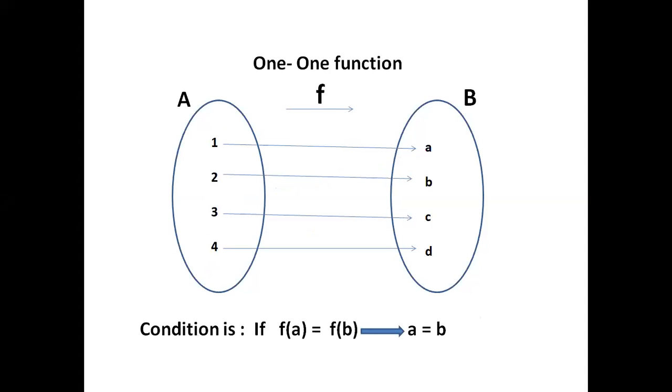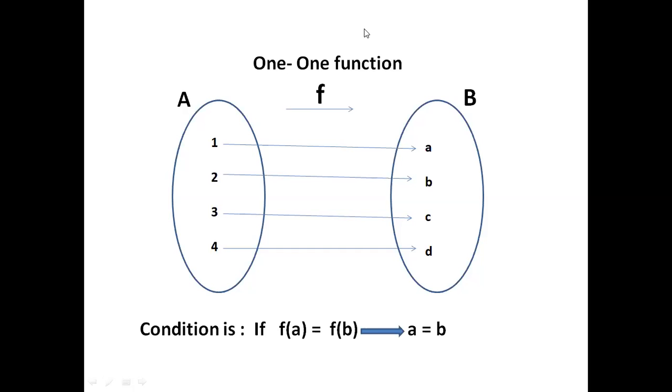You have a function f from A to B. Then f is said to be 1-1 if every element of A is mapped to a unique element of B. All the elements of A must be mapped to a unique element of B. So the condition is f of a is equal to f of b implies a is equal to b. If we show this condition, we can say that f is a 1-1 function.